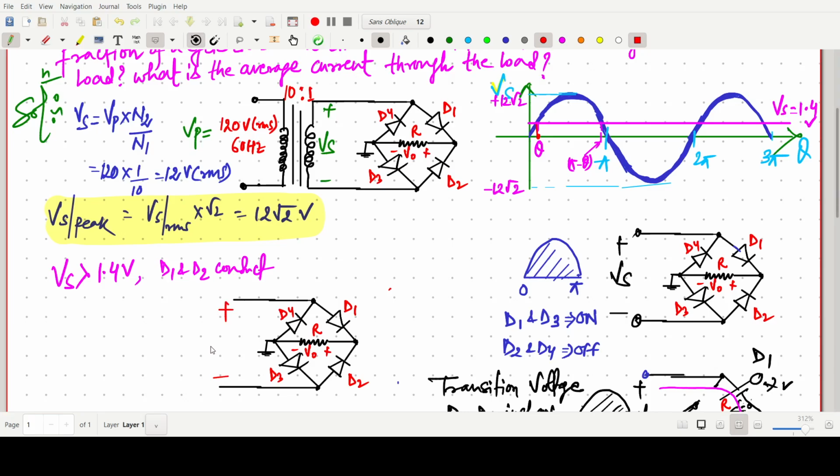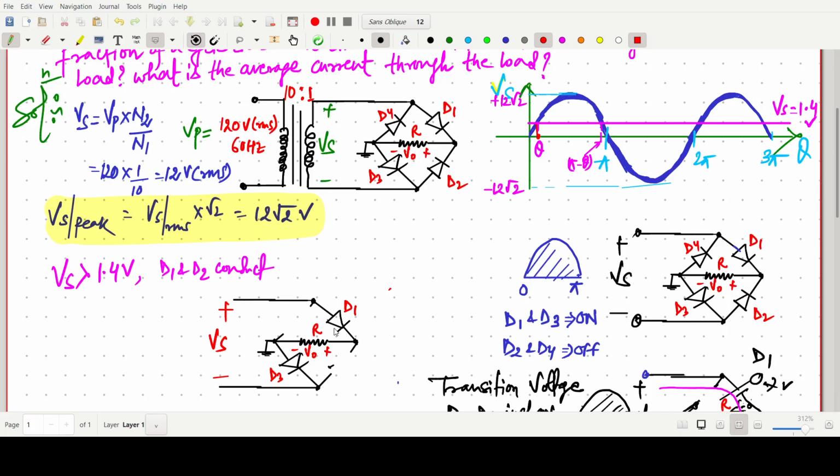Plus, minus, this one is Vs. The other two diodes will be open.